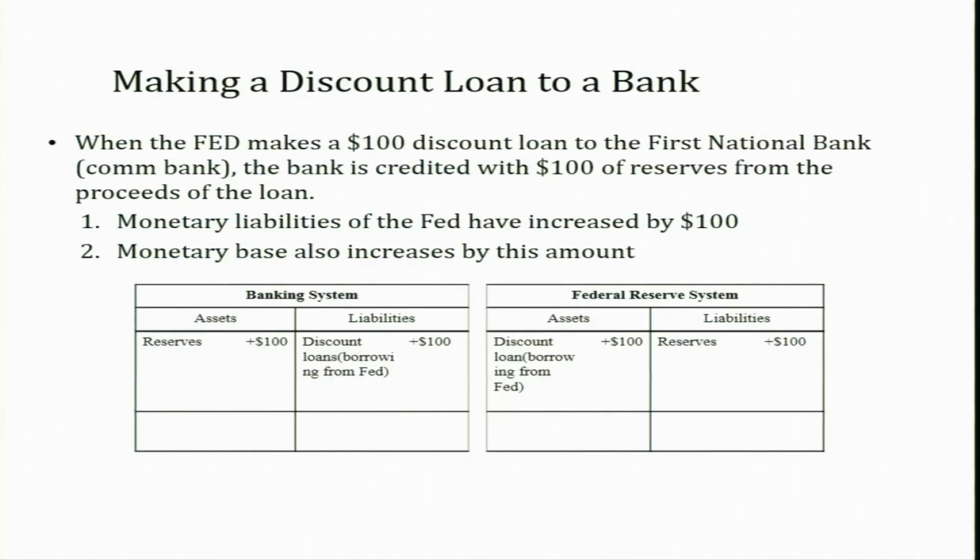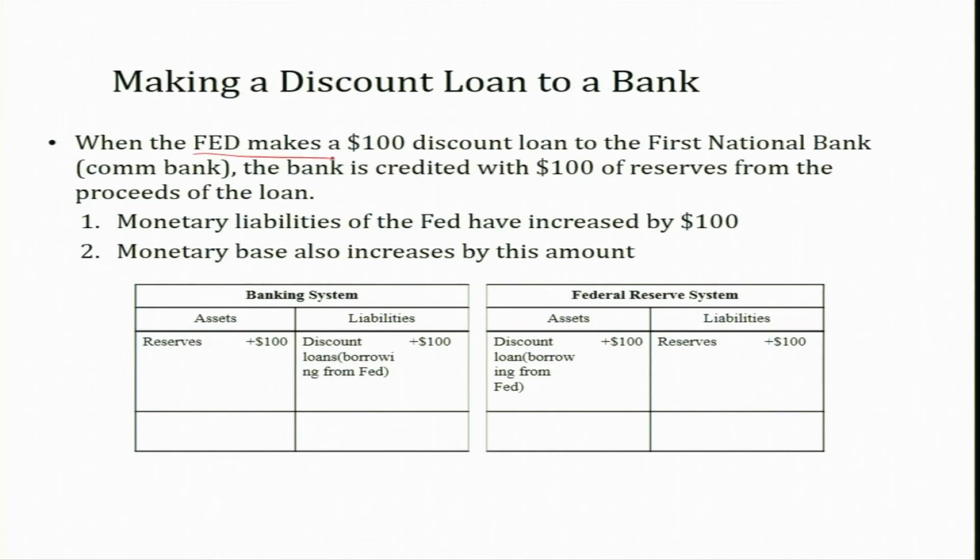Let us now discuss how making a discount loan to a bank affects the monetary base. We will look at how it affects the T accounts of the banking system and the Federal Reserve System, and its subsequent impact on the monetary base.